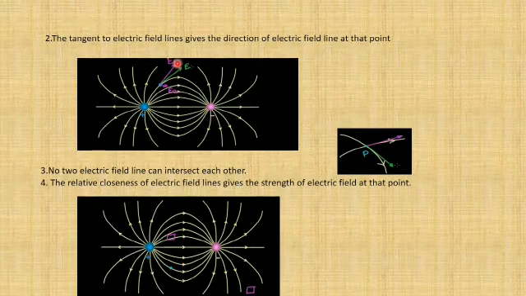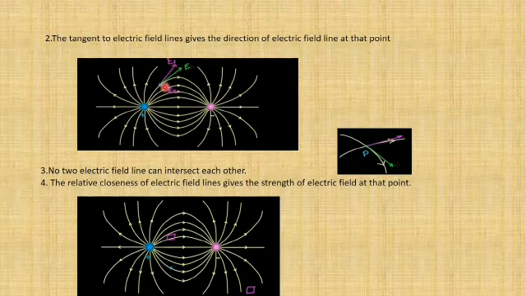And one more thing you have to notice, if the vector is big in magnitude, here you can see the size of the vector is big, so that represents the magnitude of electric field is more. If the distance between the two charges is more, here the distance is less compared to this distance. So if the distance is less, the electric field would be more. It is inversely proportional to 1 by r square.